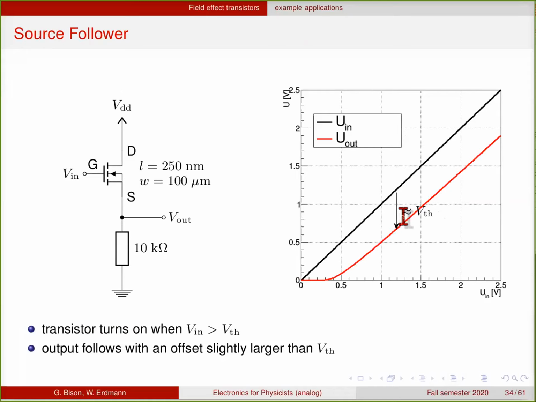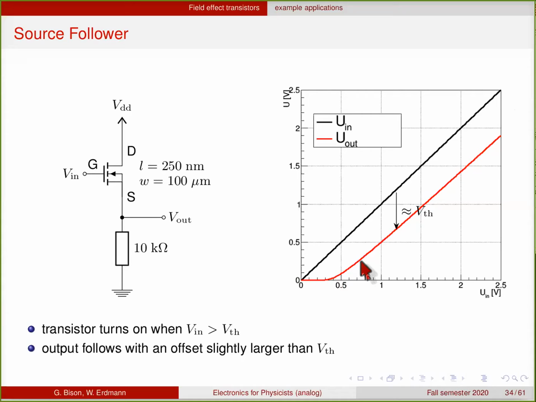Here we look at the behavior of a source follower with a 250 nanometer gate length FET. So you see here as a function of the gate voltage, the input, showing both the gate voltage, which is of course simply the diagonal here, and the output voltage. And as soon as the input voltage goes above the threshold voltage, or near the threshold voltage, the transistor turns on.